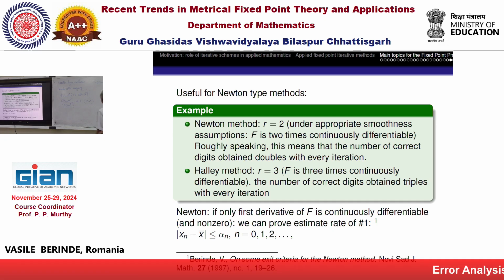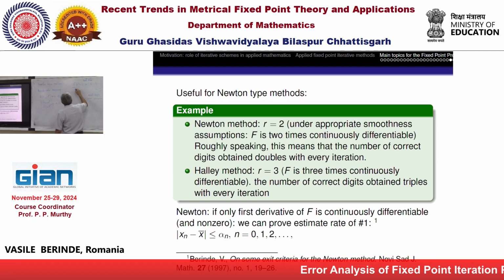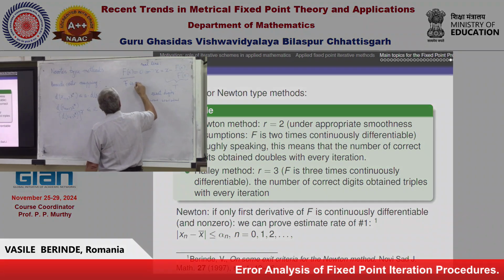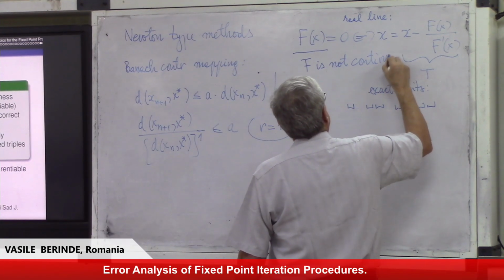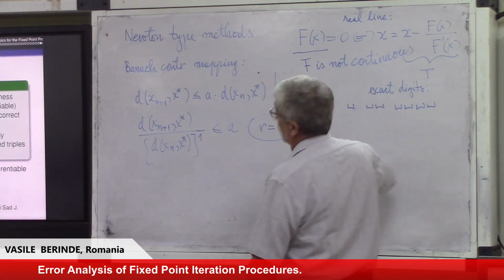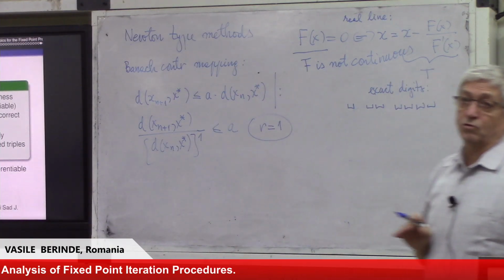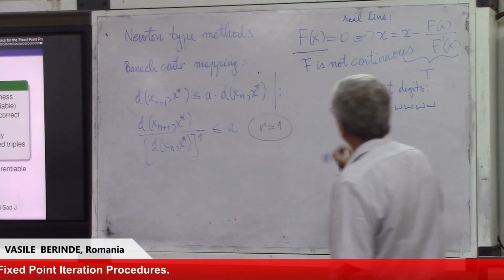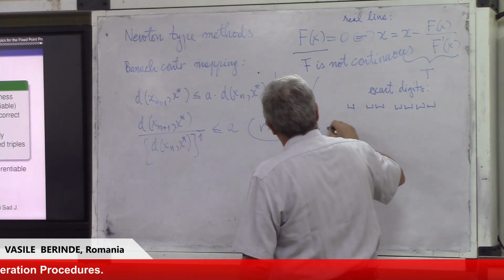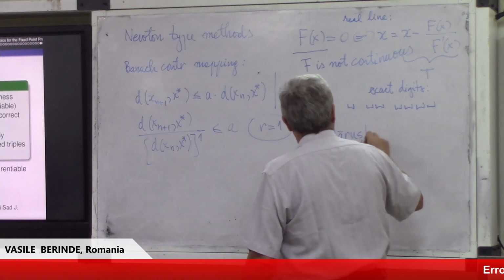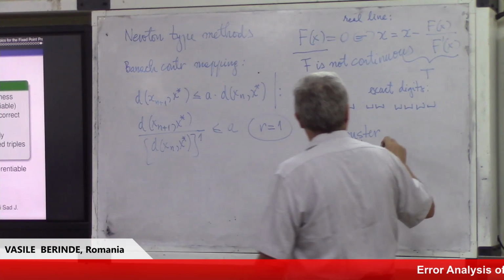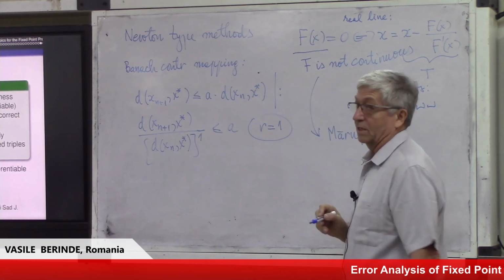In some contexts, and I stress this, f is even not continuous, so that all these methods do not work. And I mention here this problem approached by this mathematician who discovered the demi-contractive mappings.